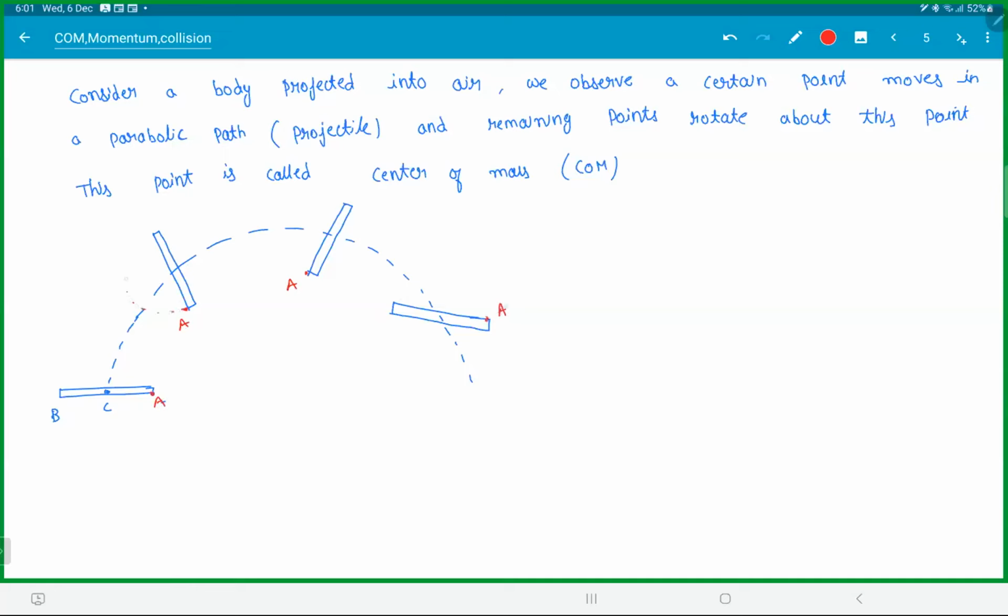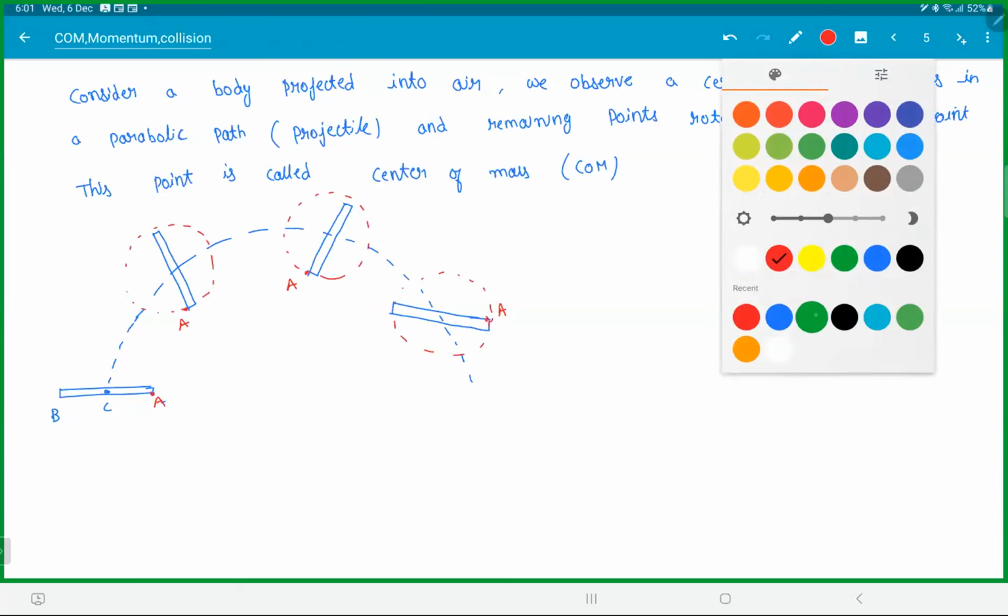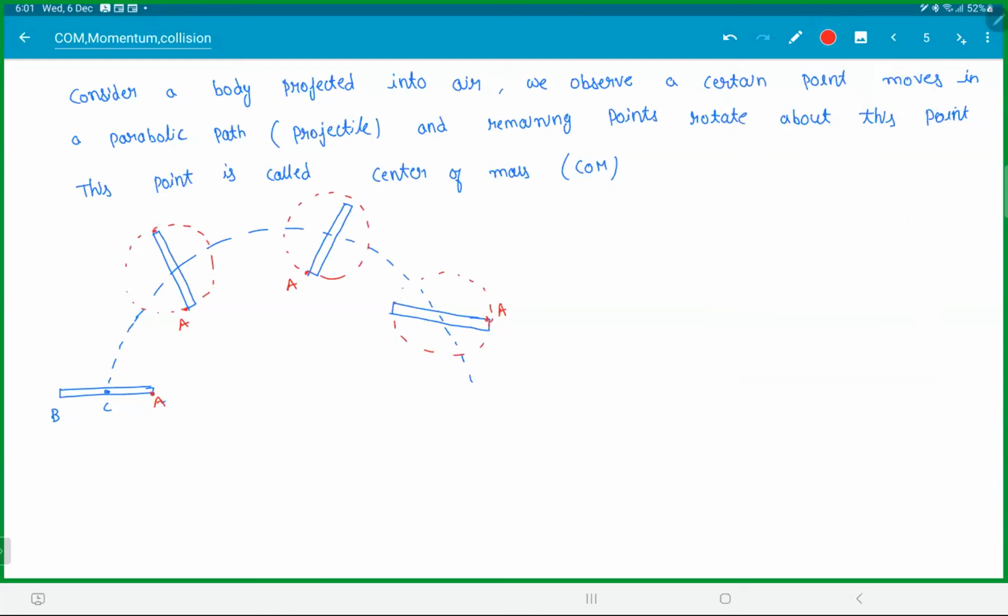This is how the rotation is happening. When you throw a rod into the air, there is one point on the rod which goes as if it's a particle. It behaves like a projectile motion, and it looks like everything else is rotating about that point. So here the center C behaves like a projectile.